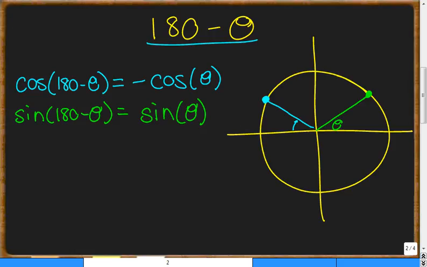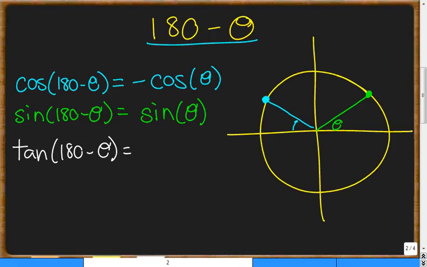Now, what about the last one? What about the tangent of 180 minus theta? What the tangent does is it takes our sine divided by our cosine, or the slope of our line that we have drawn.